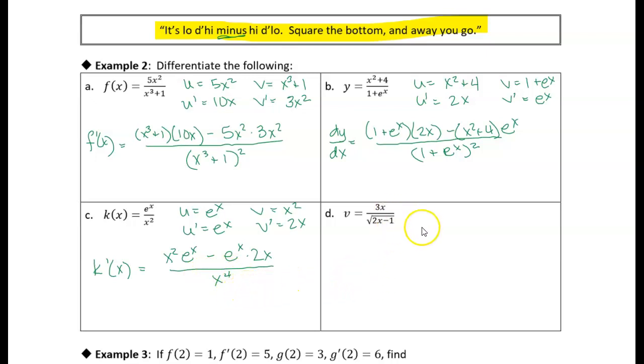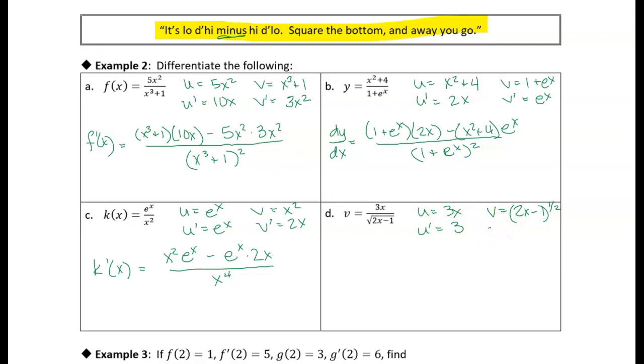All right, let's do another one. My high function is 3x, that's the numerator. The low function is the square root of 2x minus 1, but I'm going to write it as 2x minus 1 to the 1/2. The derivative of the high function is just 3.